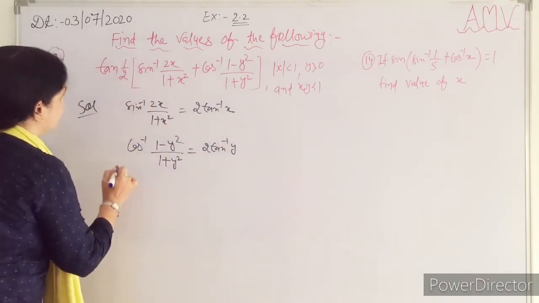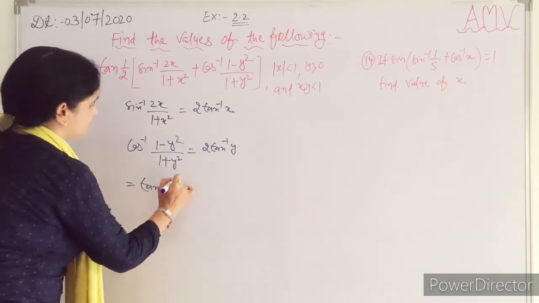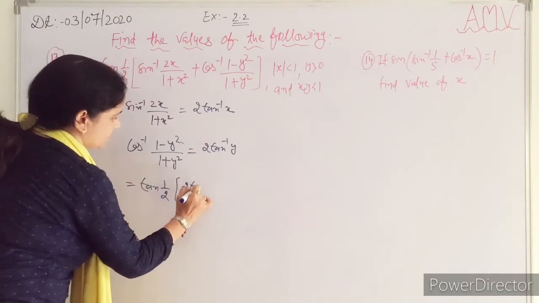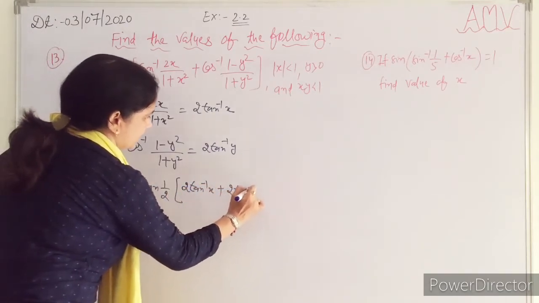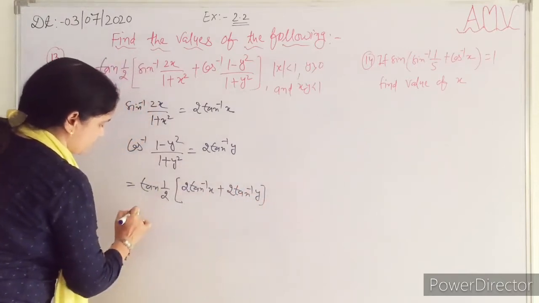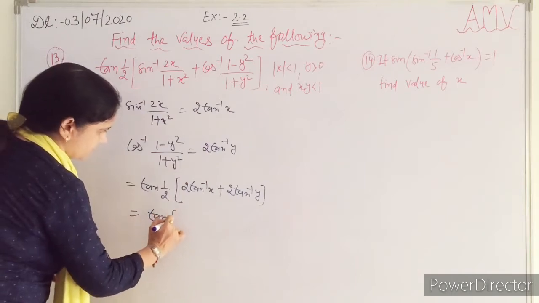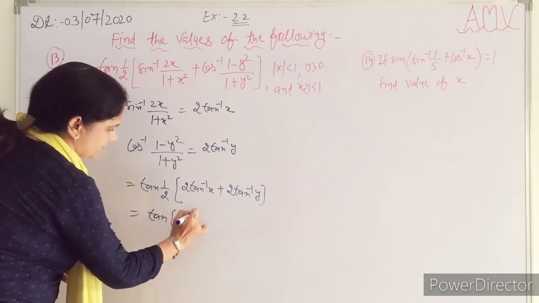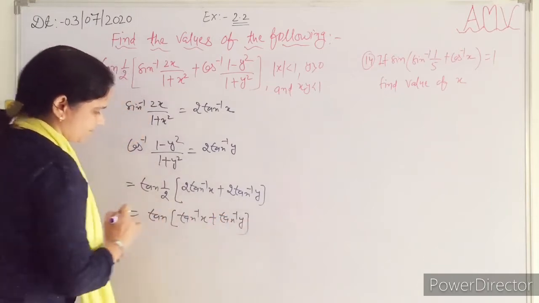So the question becomes tan 1 by 2 and it is 2 tan inverse x plus 2 tan inverse y. Now take 2 common and it will cancel with the 1 by 2, and we will get only tan inverse x plus tan inverse y.